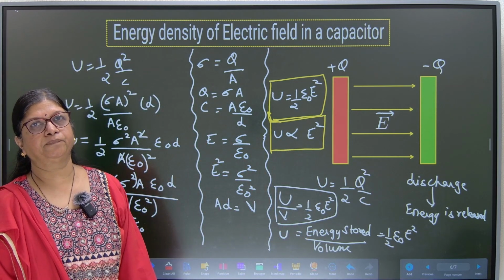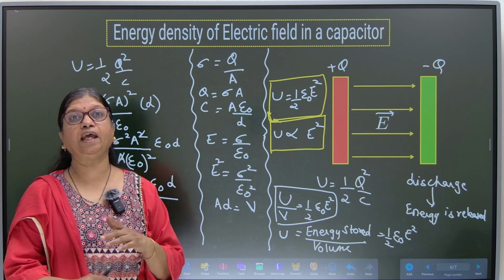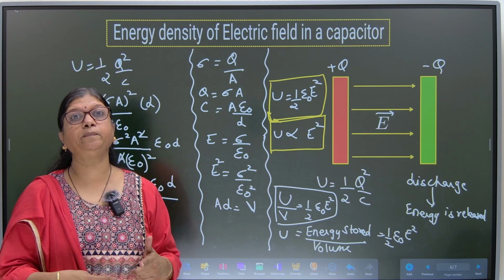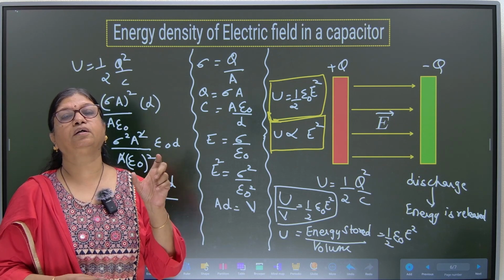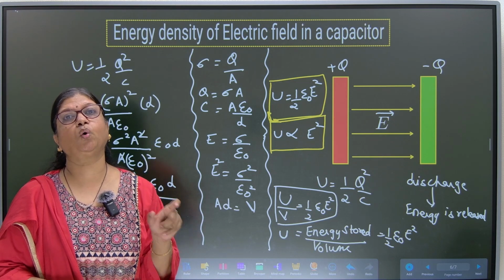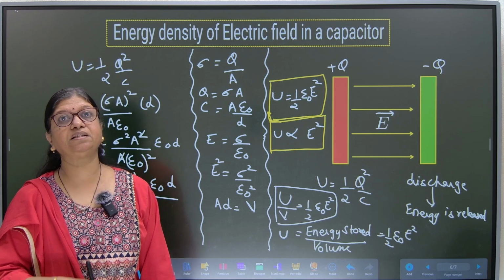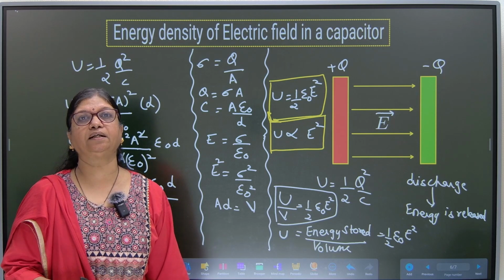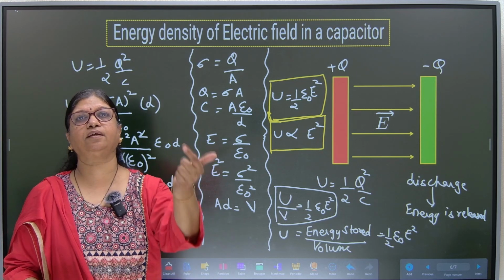Fine. Okay. So in this particular video, we have learned so many formulas of the energy stored in a capacitor. So let us write all these formulas one by one in the next page for a quick revision.